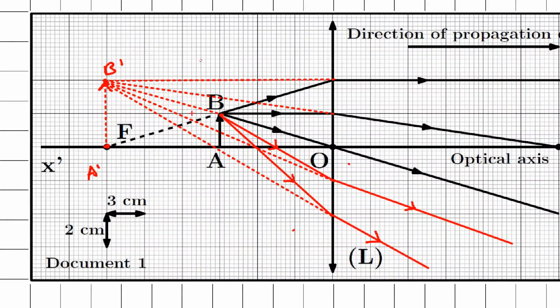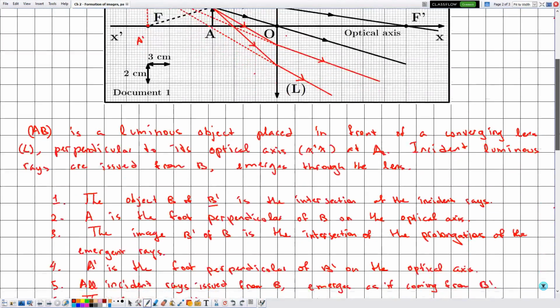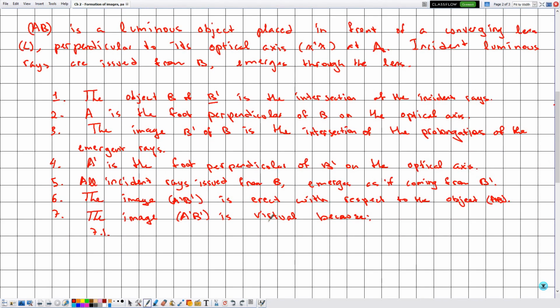The object AB is pointing upward and the image A prime B prime is pointing also upward, which means that the image is erect with respect to the object, which means that the image is virtual. So the first reason why the image is virtual, because it is erect with respect to the object AB.